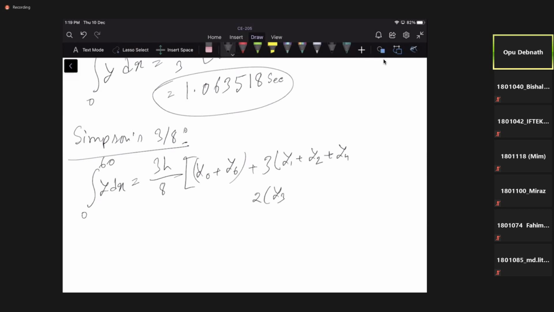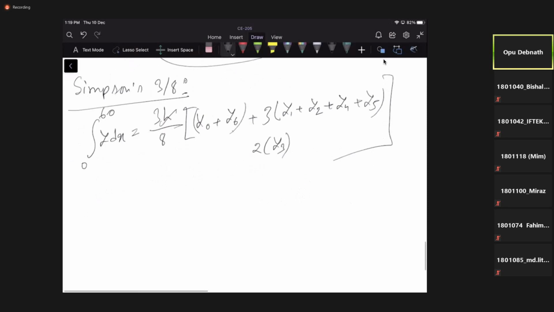As we have a total of 6 terms, y6 will not be here, it goes as the first term. So just remove this y0, and y4 up to y5. So this is your equation. Again, all the values are known, the h value is known, all the y coordinates are known. After putting all these values and taking the summation, you will get 1.0643723. That means 1.064 seconds. Okay.